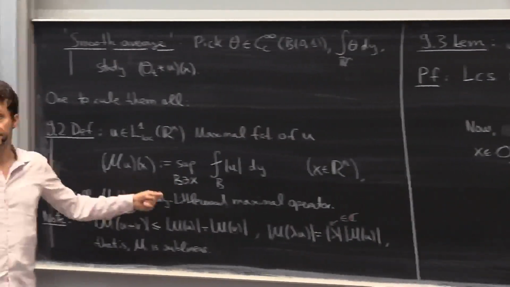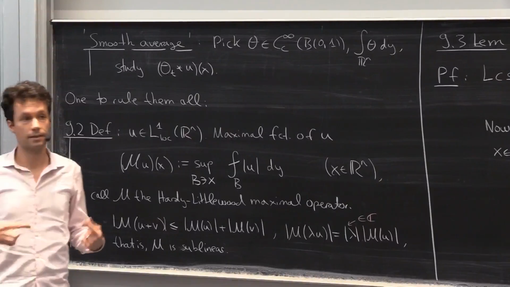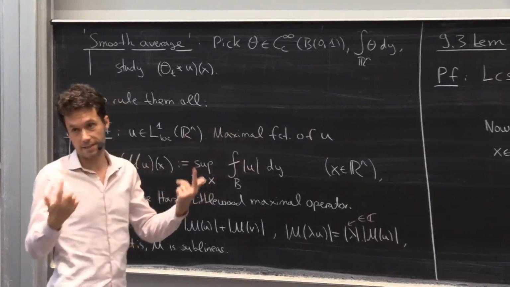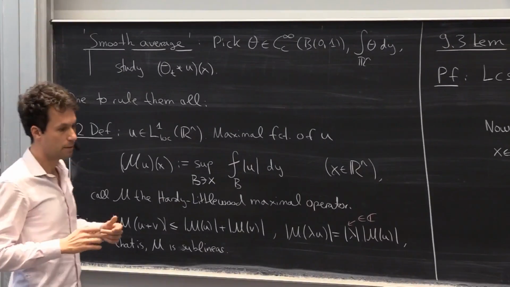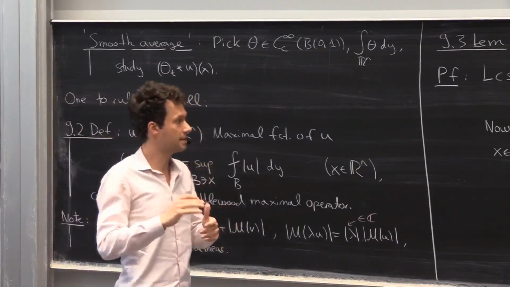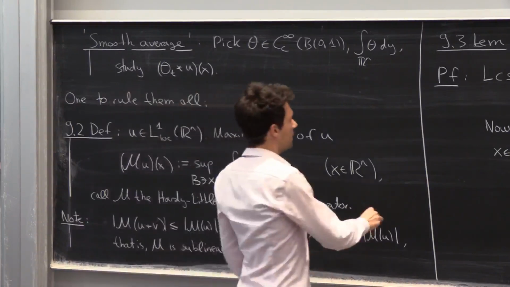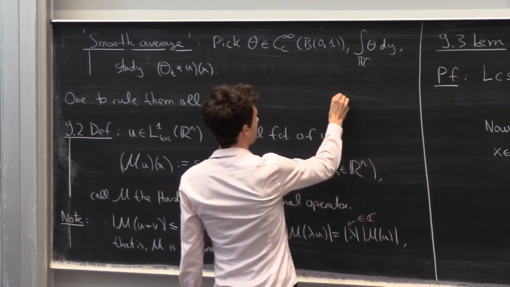If I would have used a centered version, proofs are slightly more complicated from time to time. There are also arguments that become easier, so it's a choice that you can make. But what you should keep in mind is that if x is sitting somewhere in Rn, okay, let's draw it here.